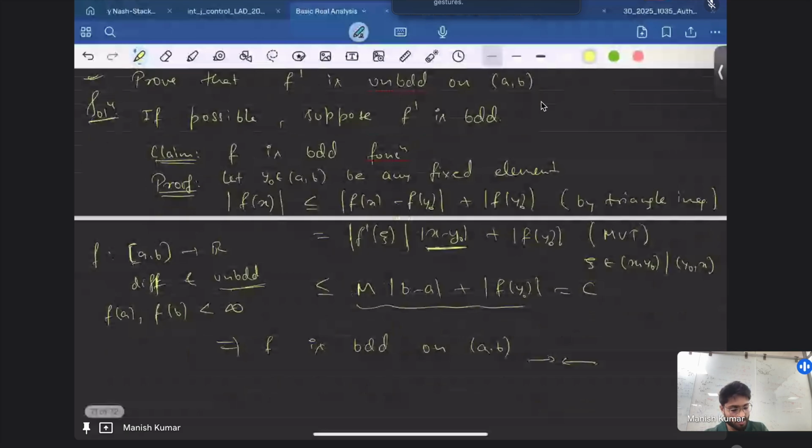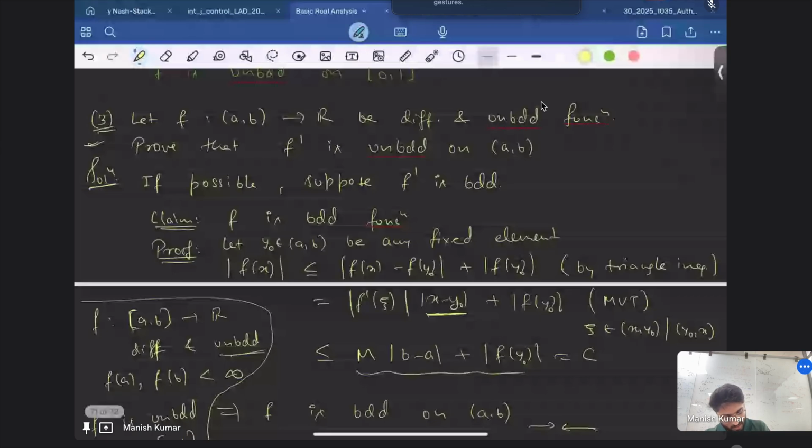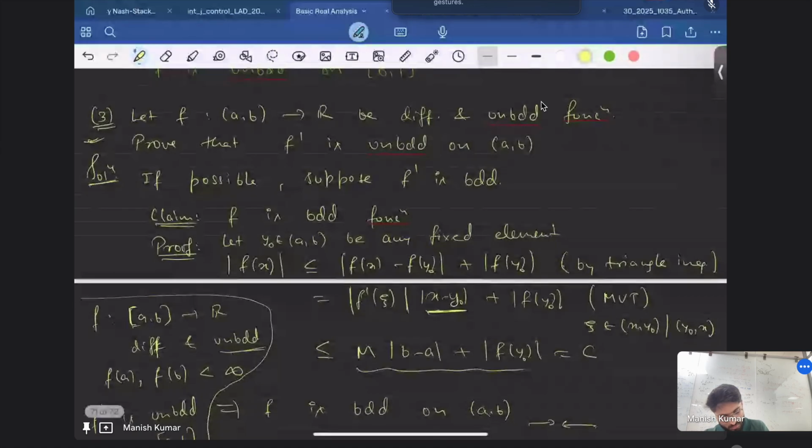If I restrict f to the open interval AB, it is unbounded and differentiable, so by the previous result f prime is unbounded on AB, and in particular on the whole AB, right?